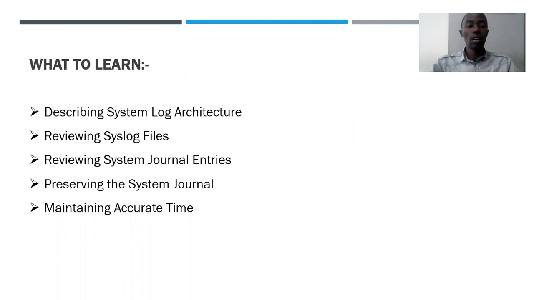Maintaining accurate time is also something that falls under analyzing and storing logs. So these are around five topics that we are going to cover more in depth. Just follow me and we will be in a position to understand.